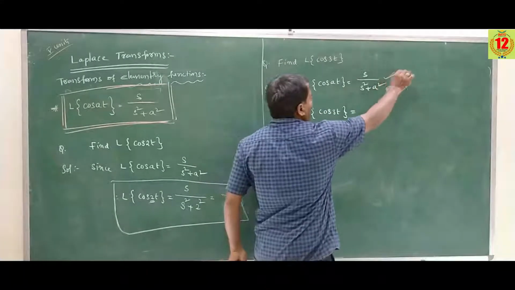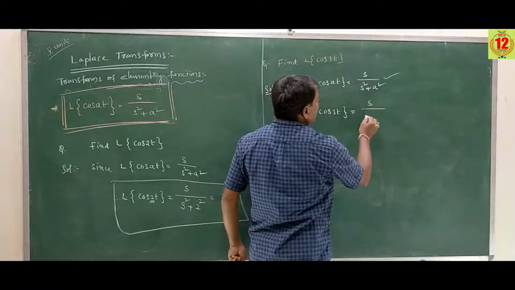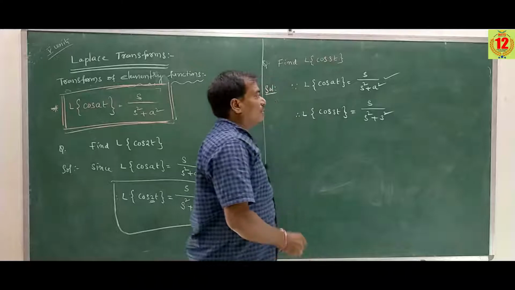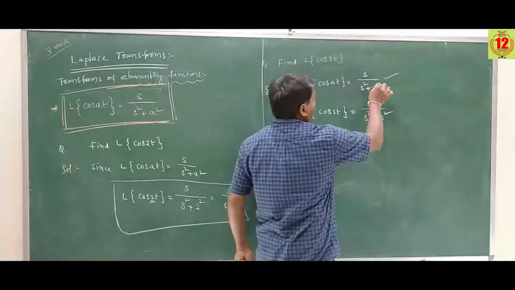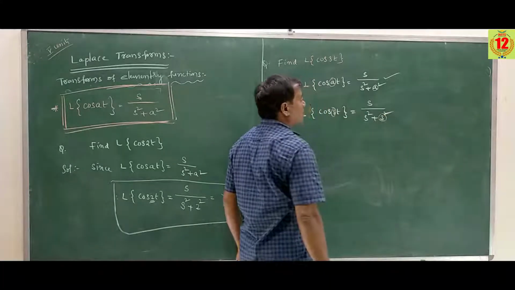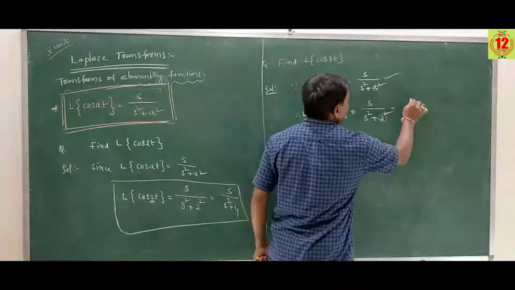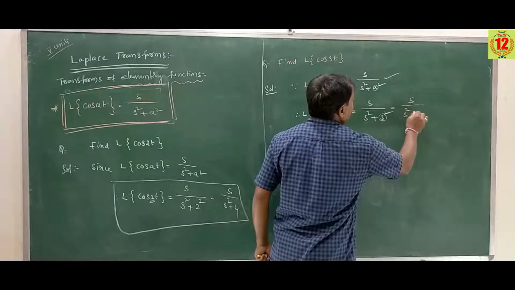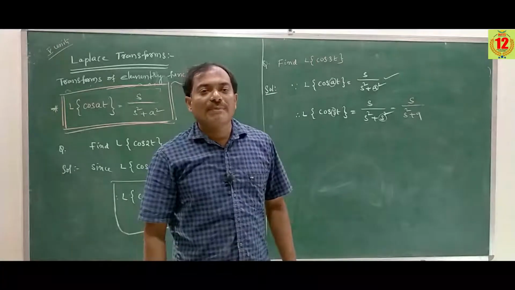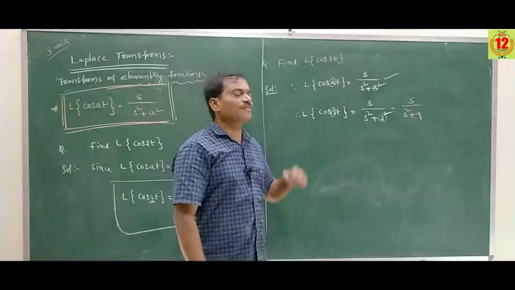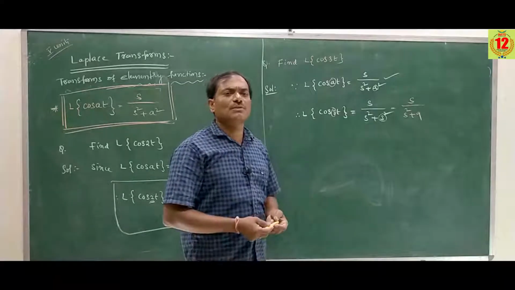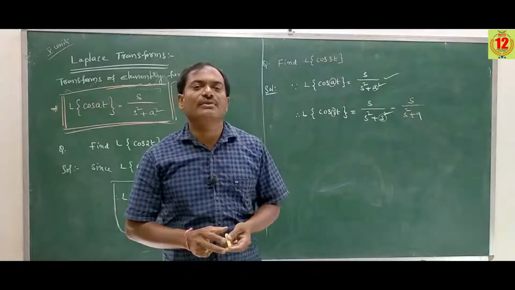In the right hand side this a is replaced by 3. So this is equal to s by s square plus 9. This is the process of finding the Laplace transform of cos 3t, or cos 4t, cos 5t and so on. So this is the process of finding Laplace transforms of the elementary functions.